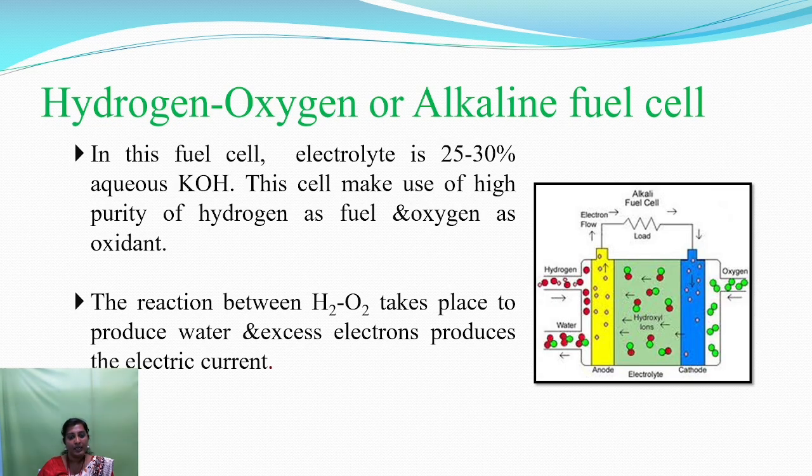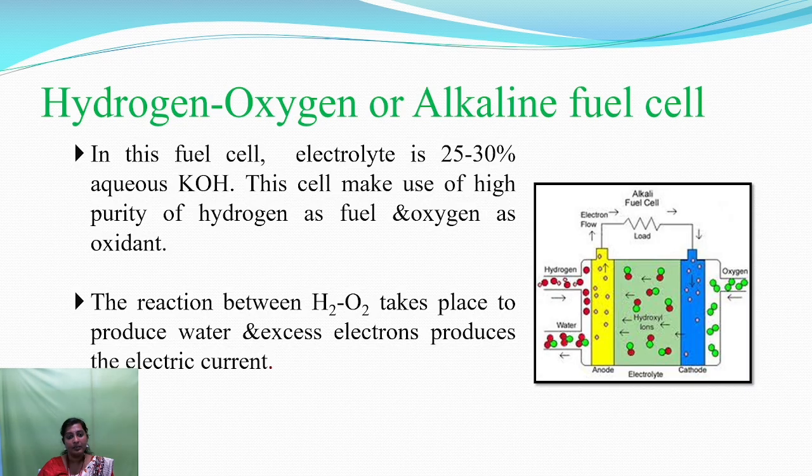Then the hydrogen oxygen or alkaline fuel cell. In this fuel cell, 25 to 30% potassium hydroxide is used as the electrolyte, that is KOH. This cell makes use of high purity hydrogen as fuel, then oxygen as oxidant. See the diagram, hydrogen is the fuel, oxygen is the oxidant. We can use aqueous KOH as the liquid electrolyte.